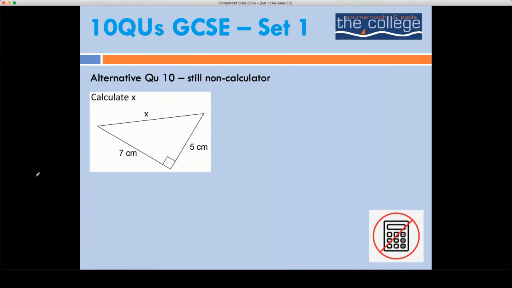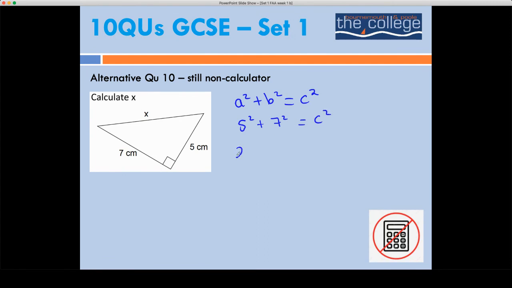But here's an example, still non-calculator. You don't have to have the calculator to finish this off. So you've still got Pythagoras, you've still got a squared plus b squared equals c squared. Okay, so let's add that in. Let's have 5 squared plus 7 squared equals c squared.